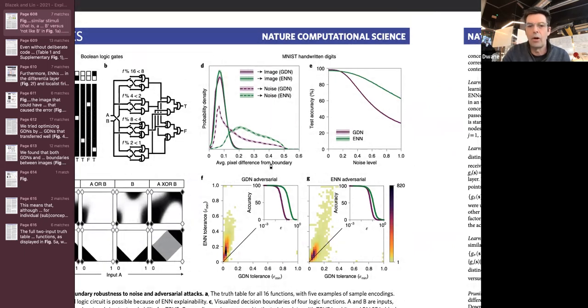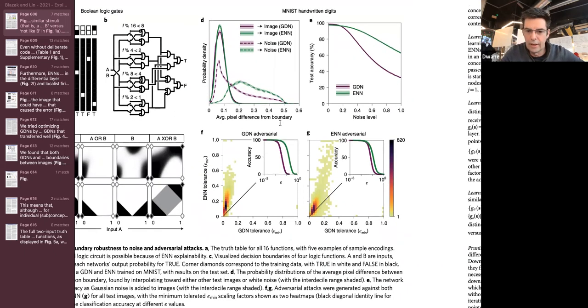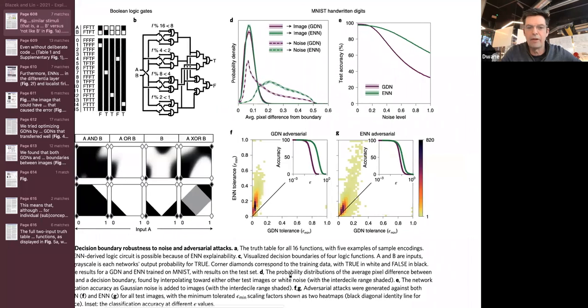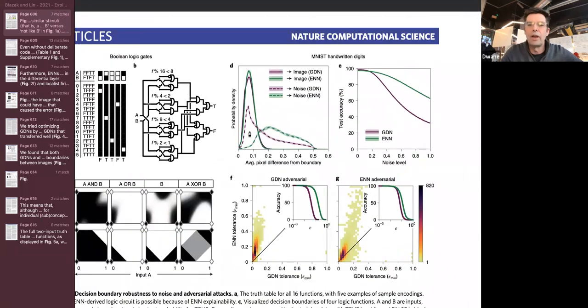They also go on and ask about the distribution difference between the decision boundaries. So here they're saying that the decision boundaries between two, sorry, this is back to EMNIST. The decision boundaries were further apart in the EMNIST handwritten digit state, which I think is 0.2 of a pixel.